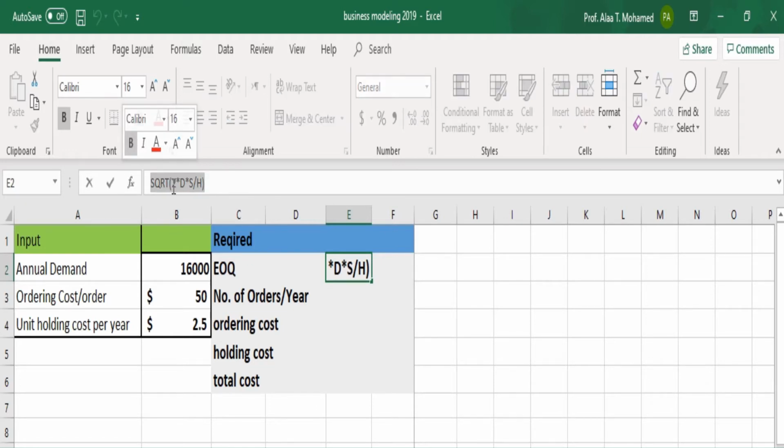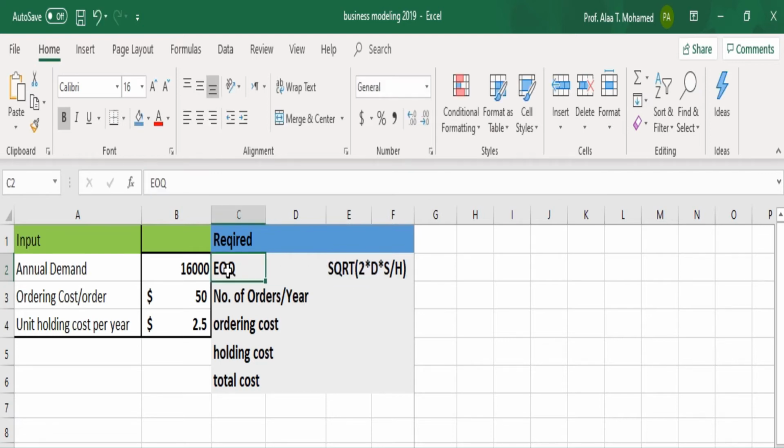square root 2 multiplied D multiplied S divided by H. Now this is the main formula that you want to use for economic order quantity.